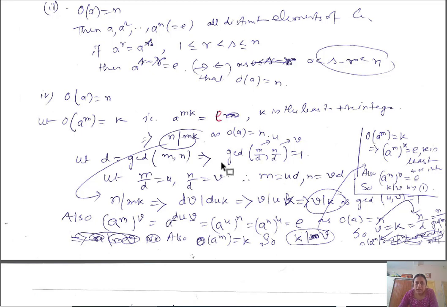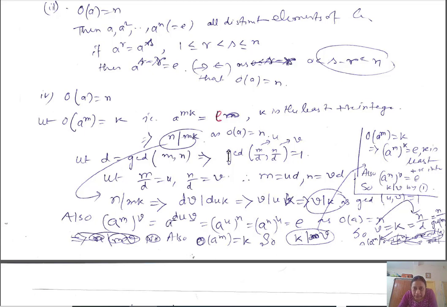Okay, this I get. Now n divides mk. Here you substitute the value of n and the value of m. So vd divides udk. Simply I am substituting m by ud, n by vd. So this implies v divides uk.